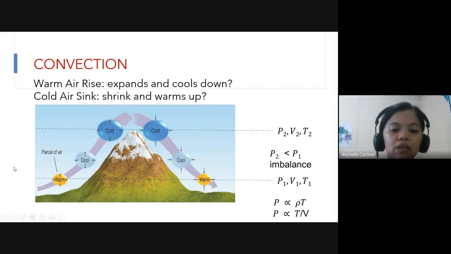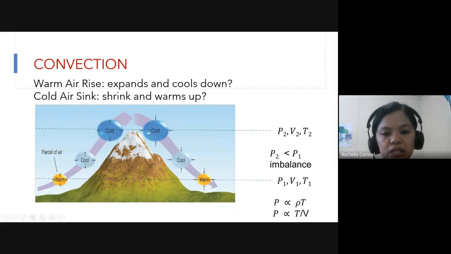So as it bumps into this mountain, this warm air will rise. As it rises, given the temperature profile of the troposphere, it's cooler up there, so it will cool down. As it cools down, there's condensation, and that could lead to the formation of clouds. Then it will sink, and when it sinks, it warms up.